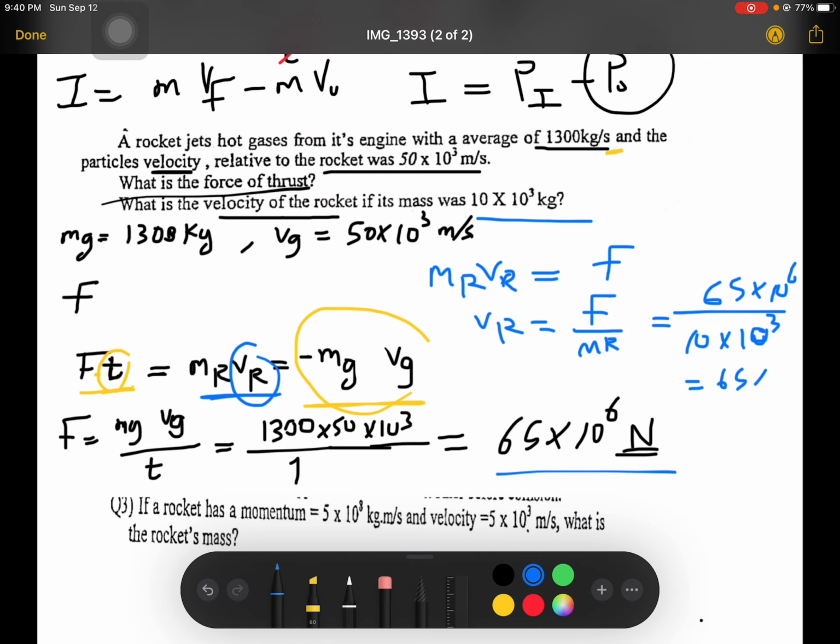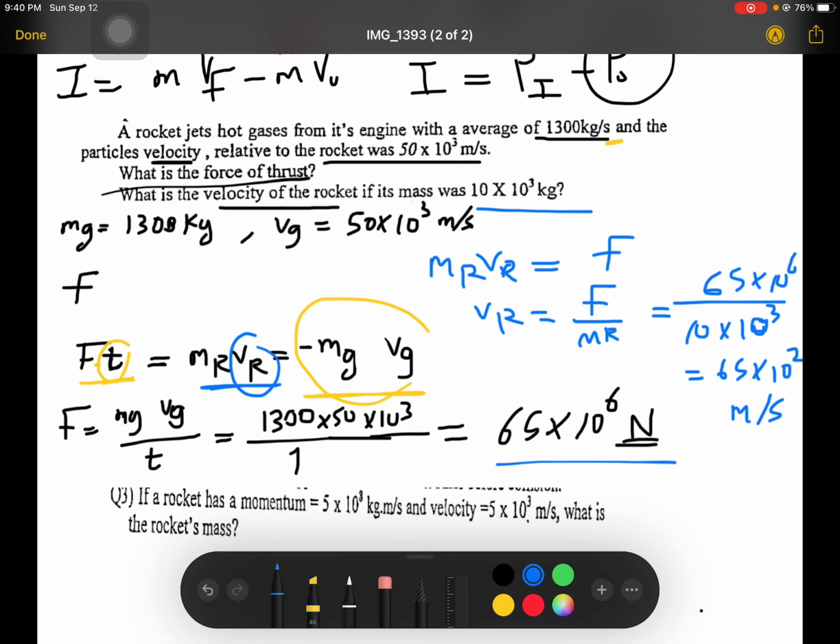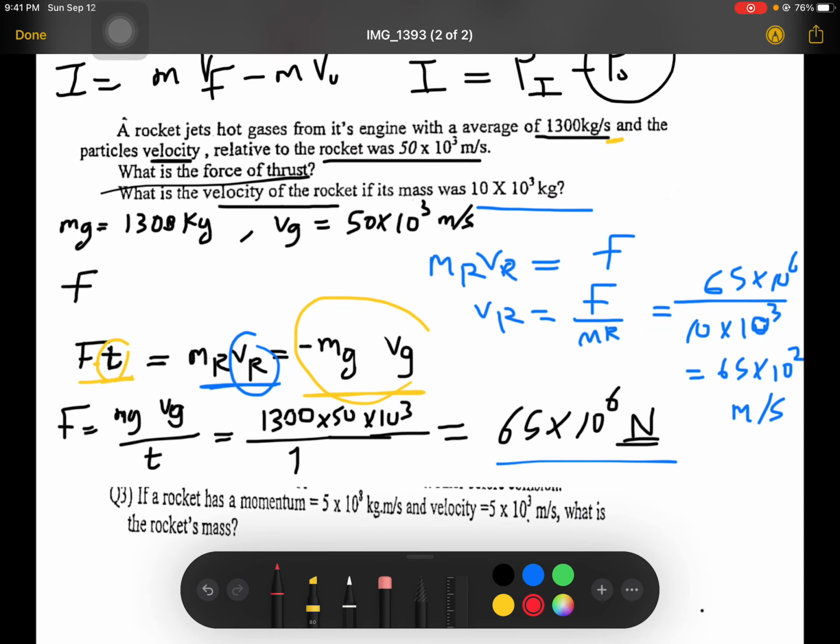The result will be 65 times 10 power 2, and the unit of the velocity is meters per second. This was the answer of this question.